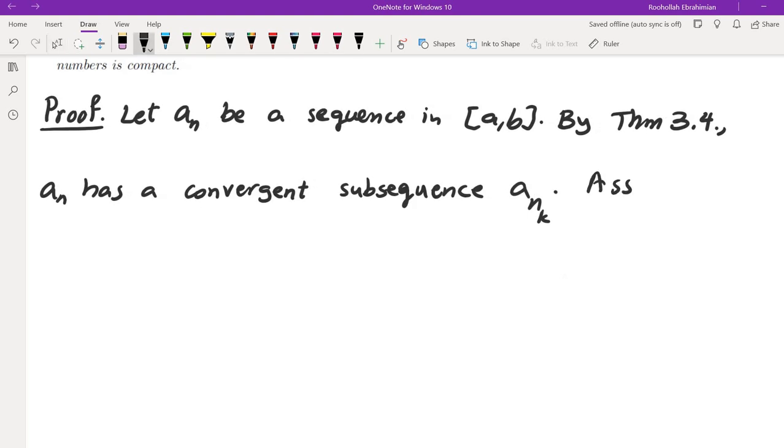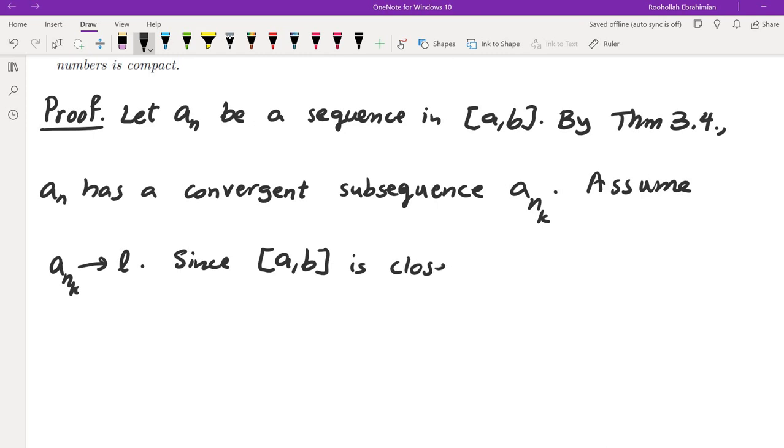Now, this subsequence is convergent, and it's also between a and b. So assume a_{n_k} approaches some L. Since [a, b] is closed, L must be in [a, b]. And that is why [a, b] is compact.